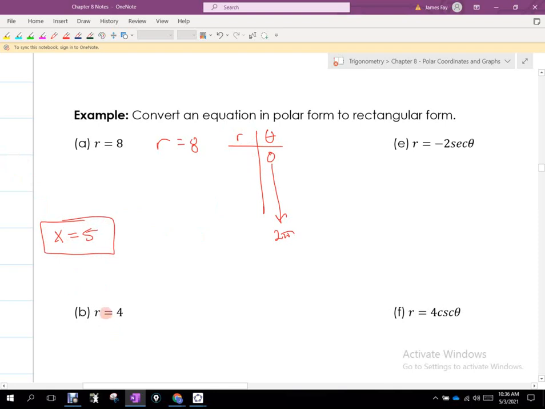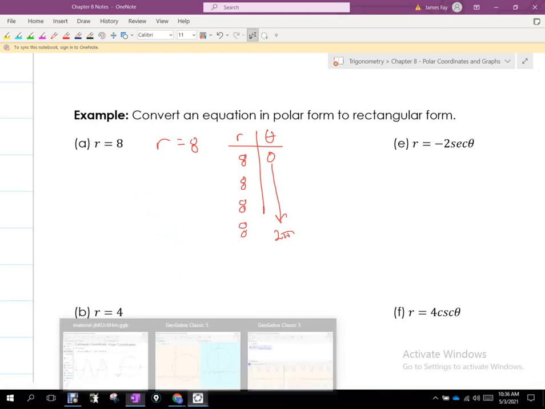What am I telling you y has to be? Y can be anything. I'm telling you what x needs to be, 5. But then the y values can be anything that they want to be, right? So same thing here. R has to be 8. And thetas can be anything. And if I pair a bunch of thetas up, no matter what theta I want.